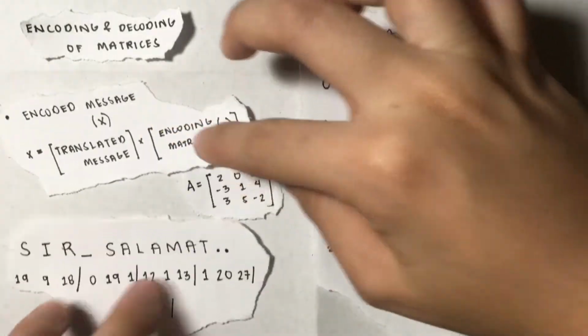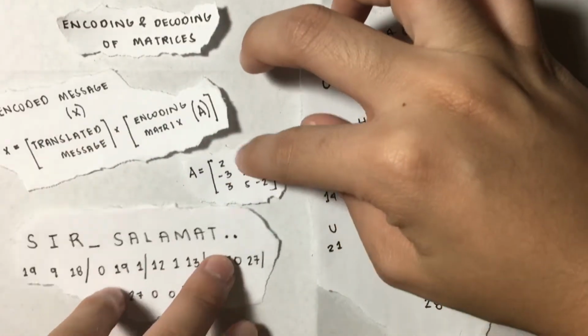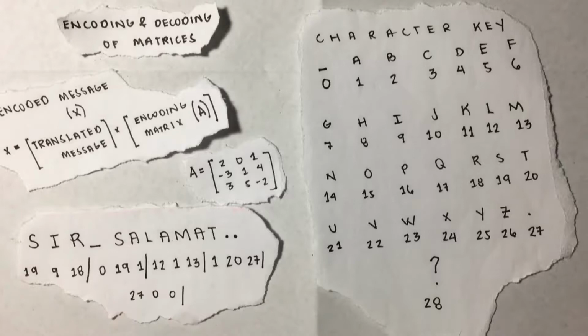To start off, we will convert or translate the message into numerical characters. After the message is translated, we'll be grouping the numbers into three, for we will be creating a matrix which has three columns.